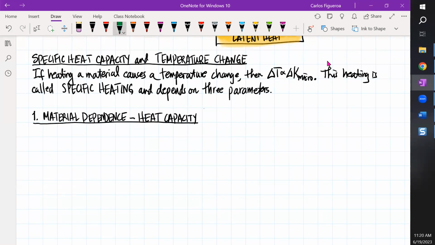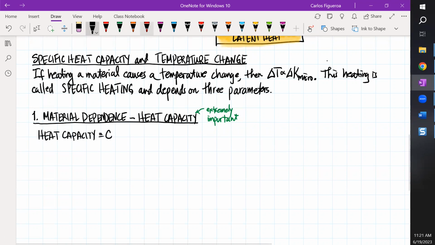And a heads up, this heat capacity is extremely important. It plays a big role in this course. We define the heat capacity by the symbol C.